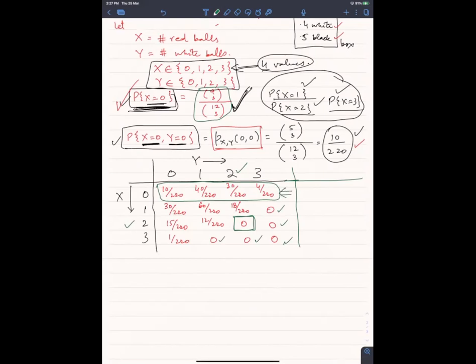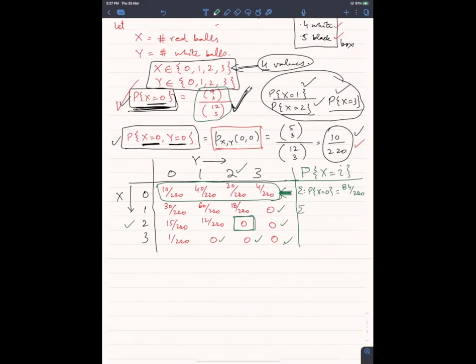So इसको summation करें so I will get probability x takes the value 0, and that would be 84 divided by 220. कुछ भी नहीं किया मैंने, इन चारों को सिर्फ ऐड कर दिया, the ones which are in the circle.